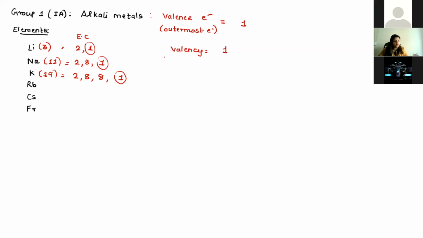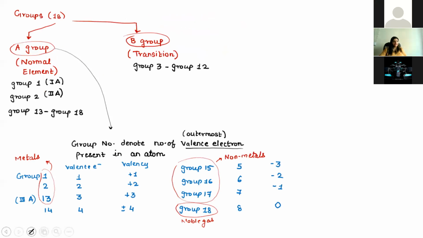Yes, Arpita. Can you go to the previous slide where you wrote the group numbers and names?